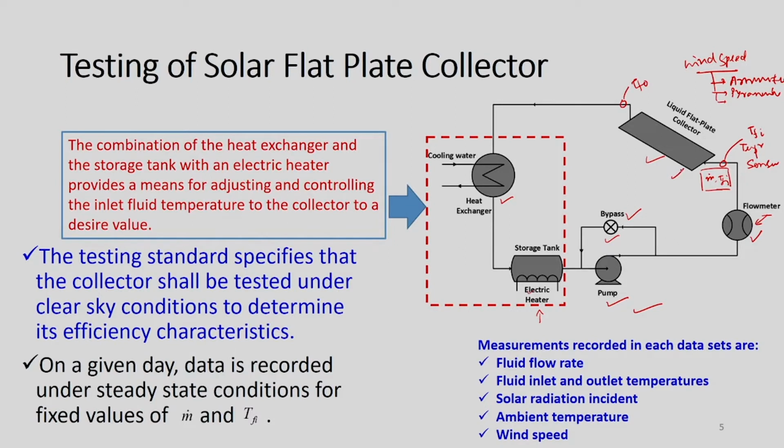The measurements recorded in each data set are fluid flow rate, and fluid inlet and outlet temperature, for which we need thermocouples and rotameters. For solar radiation incident, we need a pyranometer, which gives the global radiation falling on that place. For ambient temperature, we need a thermometer or temperature sensor, and we need to know the wind speed, for which we need an anemometer.